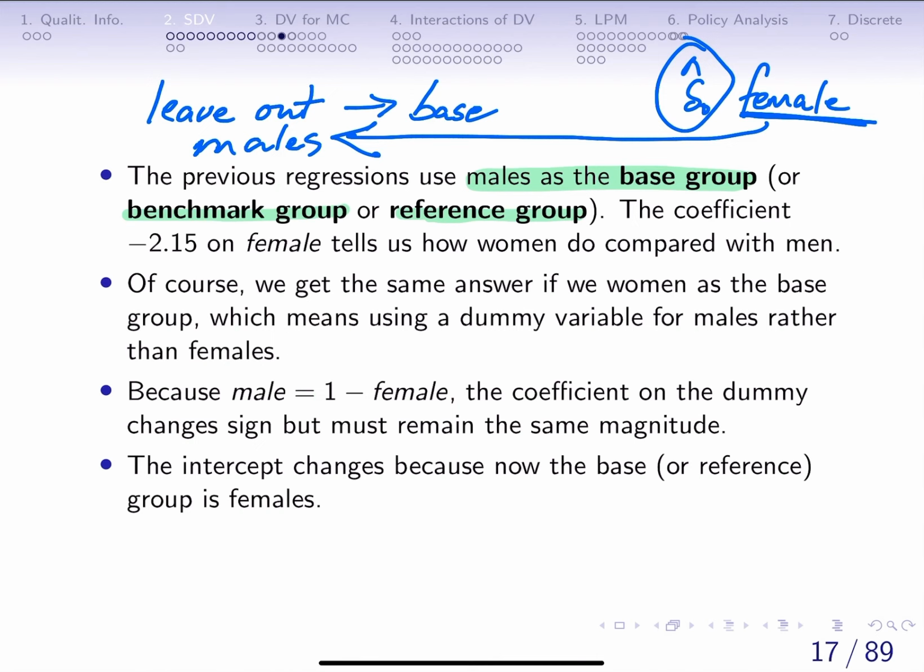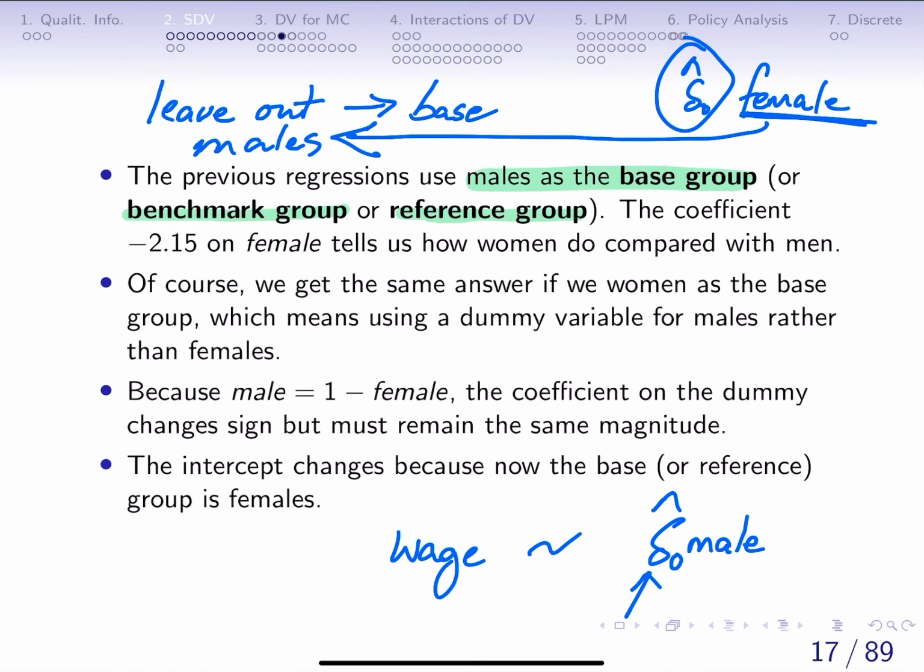Now, we can always switch that around if you wanted to. Instead of females, to get the coefficient on males, for instance, you would just regress wage on males, and the interpretation would be very similar, but delta naught is going to flip the sign, right?